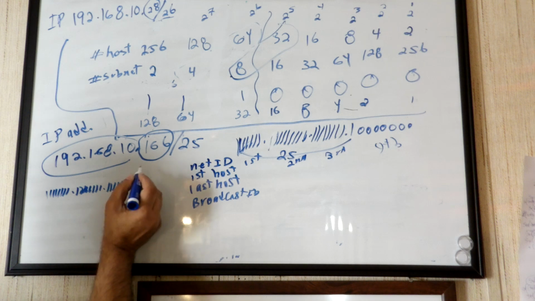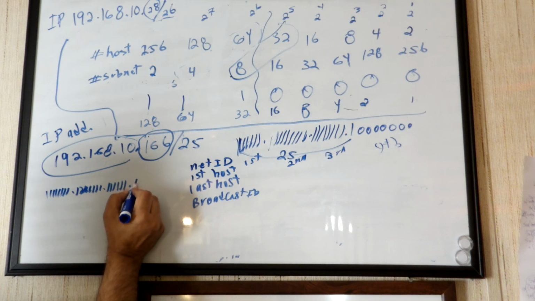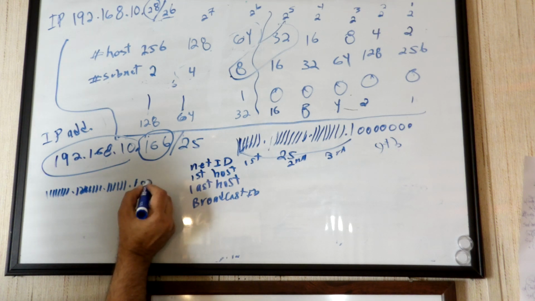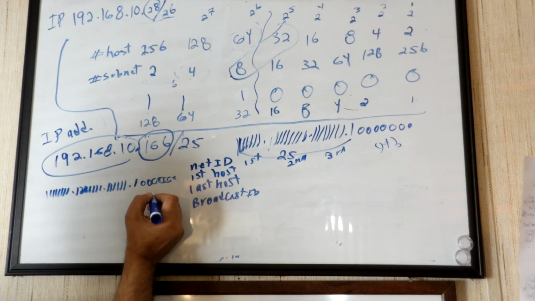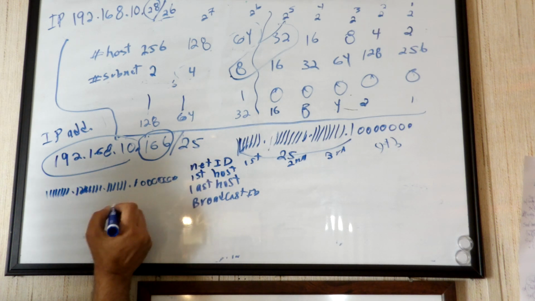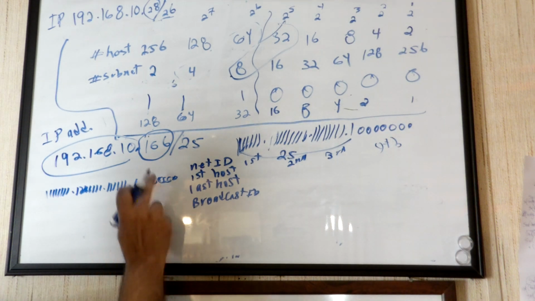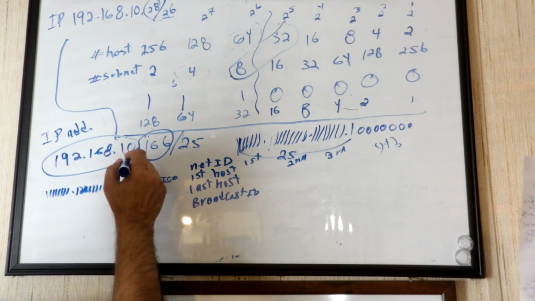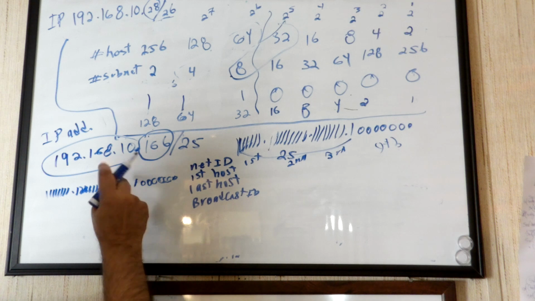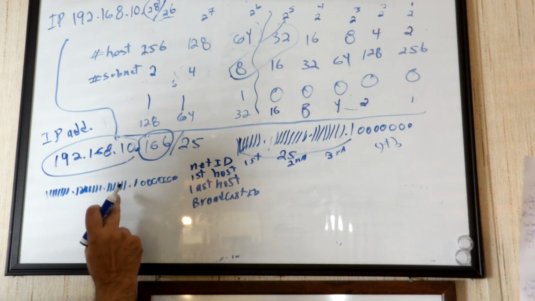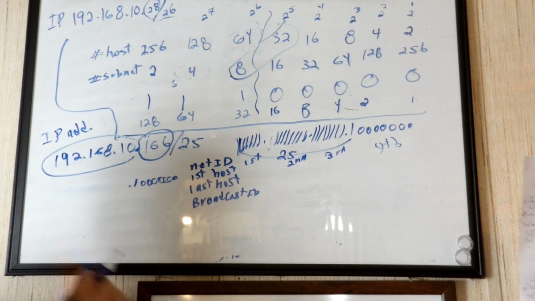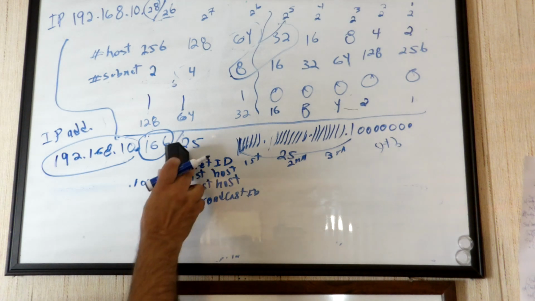These are all ones, and then we have one here with 7 zeros. We just deal with this because in the fourth octet we don't care about these for now. Okay, we come here, it's on the fourth octet.